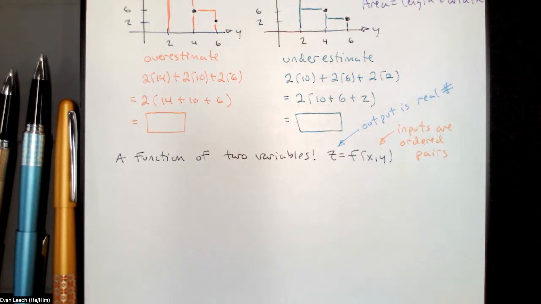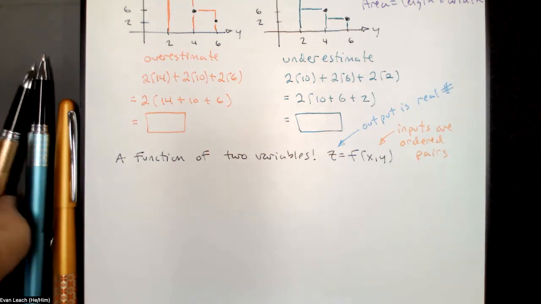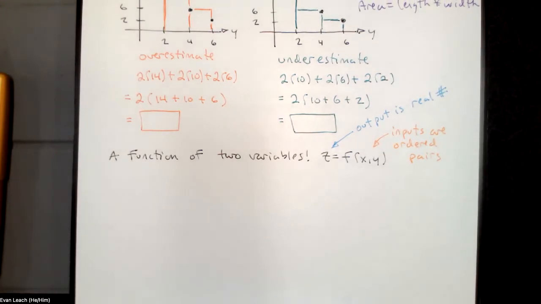So what were we talking about? We're going to build a function of two variables. All we're doing is, instead of one real number input and one real number output, we have an ordered pair input, two real number inputs, and one real number output. I'm not going to be able to make a table that just goes one direction. I'll put the x's in columns and the y's in rows.